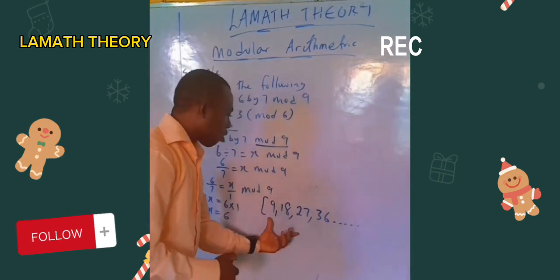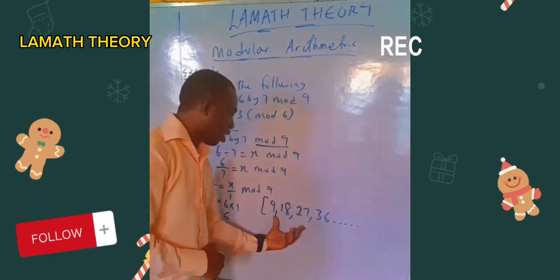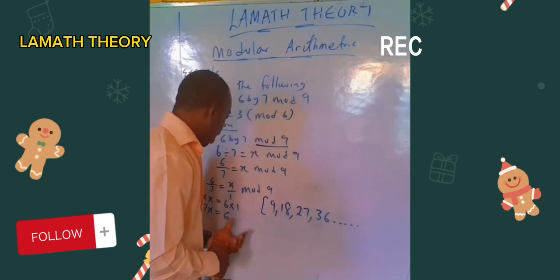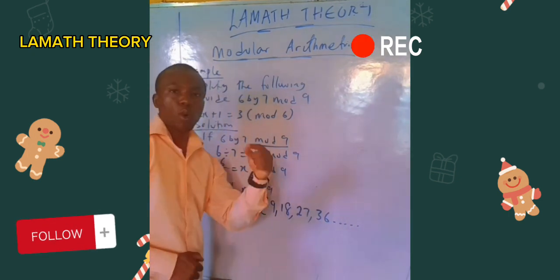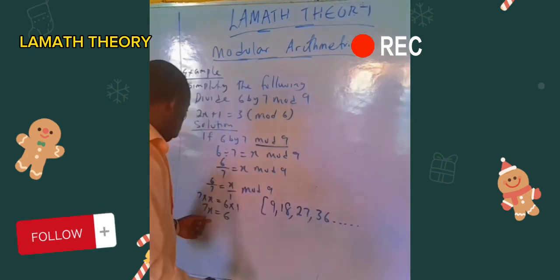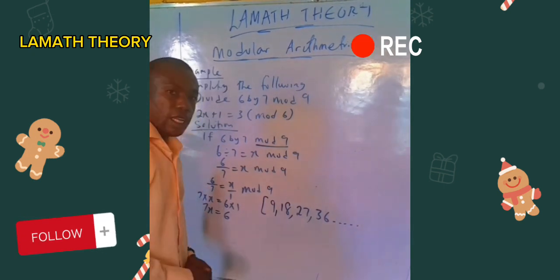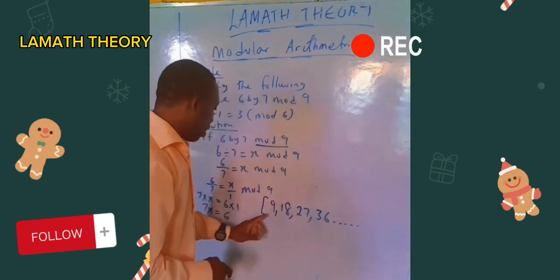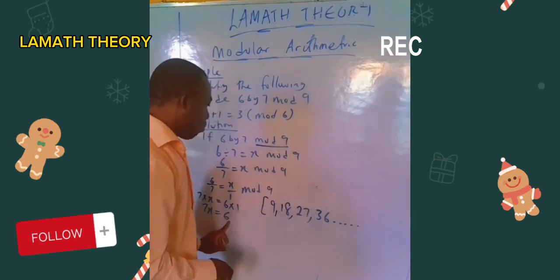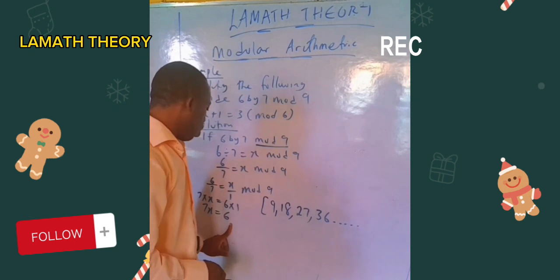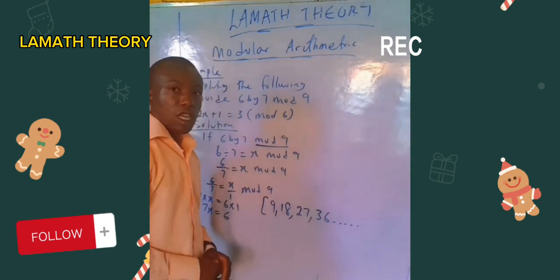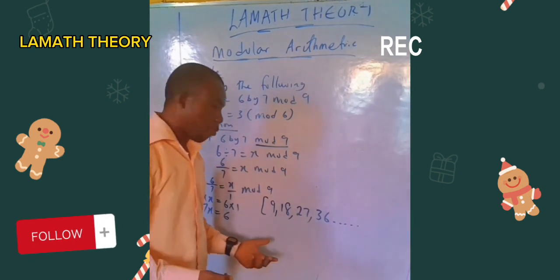Now, I'm going from the multiples that I've listed here. Any one that I add to this 6 must be able to be divided by this 7. If I say 9 plus 6, that is 15. 15 divided by 7 is impossible.